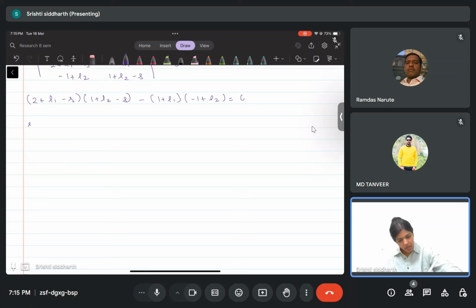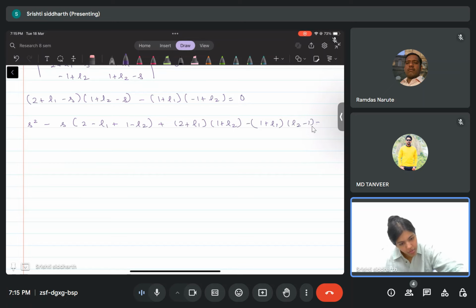So I have s square minus s times the sum of the diagonal entries, then the constant term, 2 plus L1 times 1 plus L2 minus 1 plus L1.